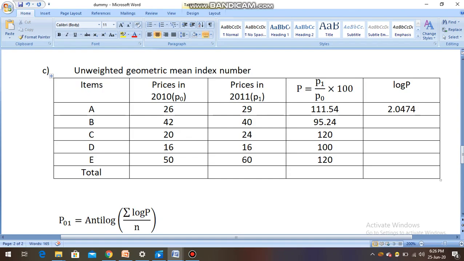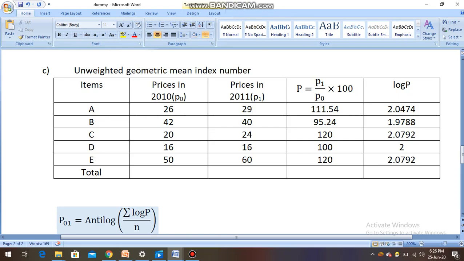Then for log of 95.24, it is 1.9788. Then log of 120 is 2.0792. Then log of 100 is just 2. Then log of 120 is again 2.0792.